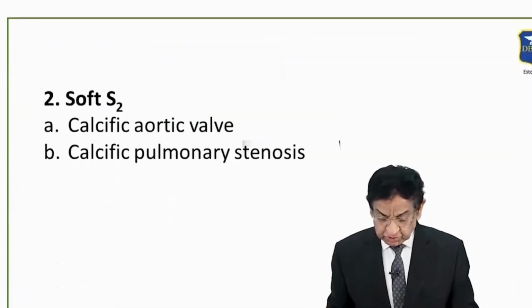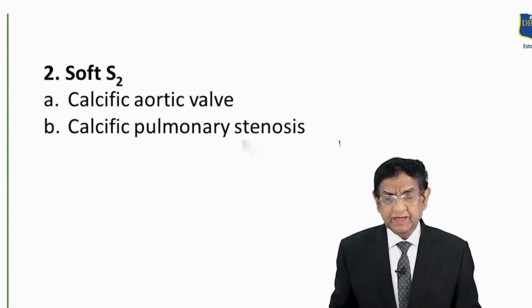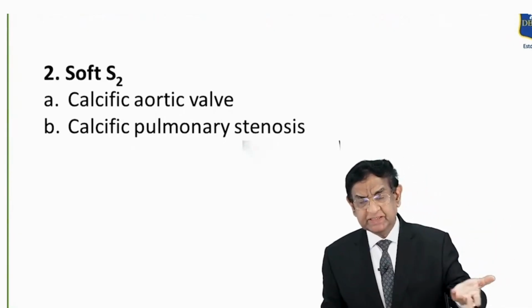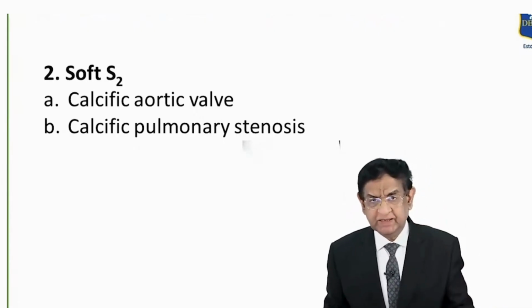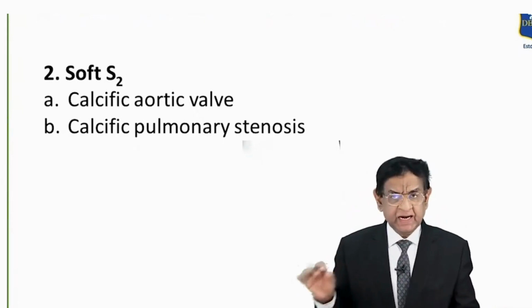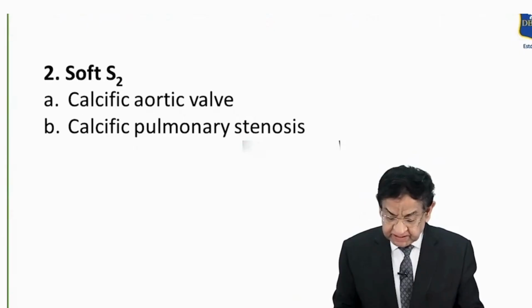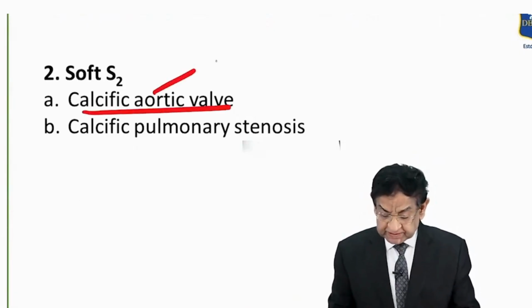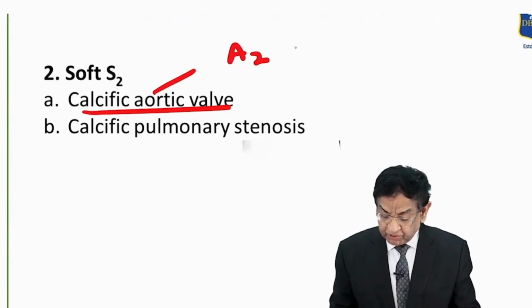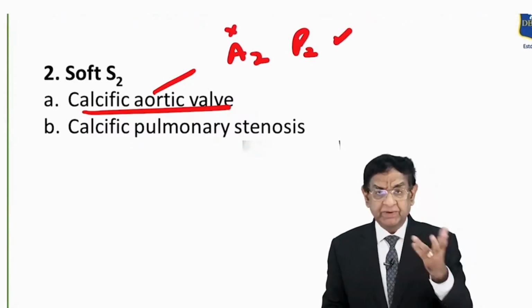After that, soft S2. In the previous slide, there was only one sound, no split, a single sound. But here we are listening to S2, but soft. When? Calcified aortic valve. Do I need to tell you? In this, A2 will be soft and P2 will be normal, so in total it will be less.